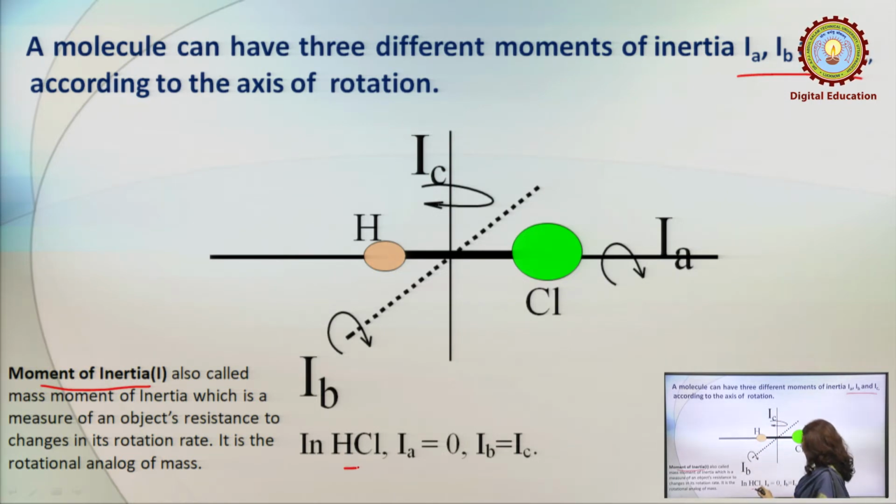This is the case of HCl, where the moment of inertia along the x axis is represented by IA, along the y axis by IC, and along the z axis by IB. In case of HCl, along the x axis, IA, the moment of inertia is 0, while the moments of inertia along the y and z axes are equal.